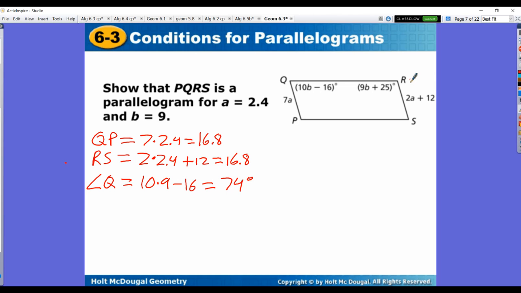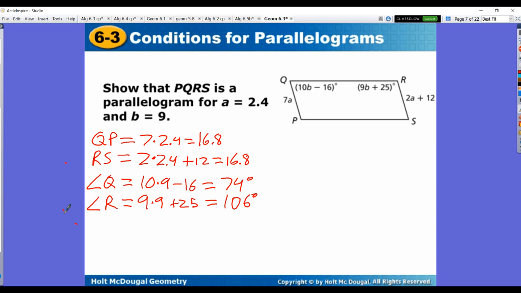And lastly, angle R is 9 times B plus 25, so 9 times 9 plus 25. That'll get me 106 degrees. That's what I have so far.